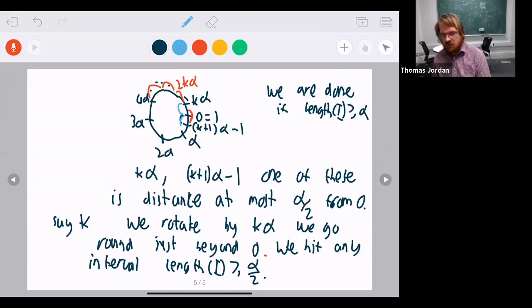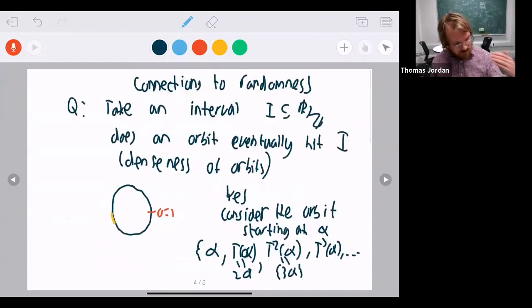You don't need to ask which side of 0 you're on; you could ask which side of the starting point of the orbit you're on. So for this irrational rotation, the orbit is going to hit any interval eventually.